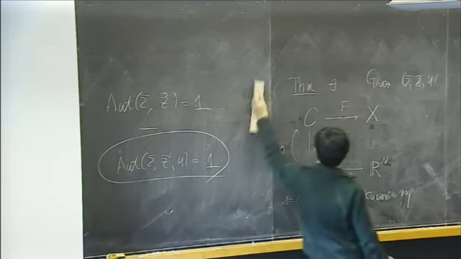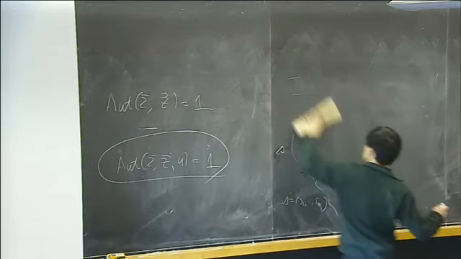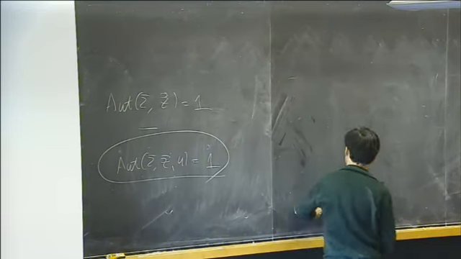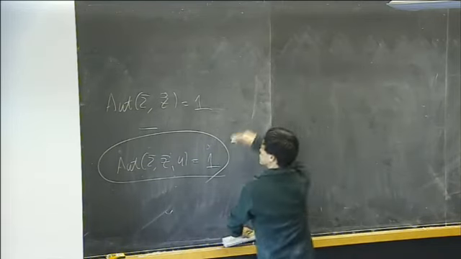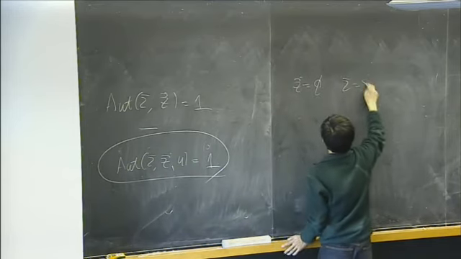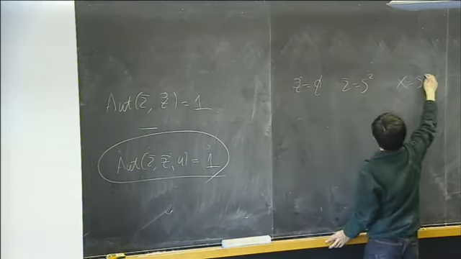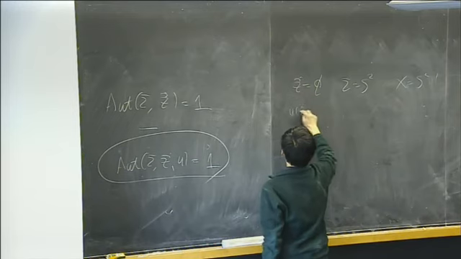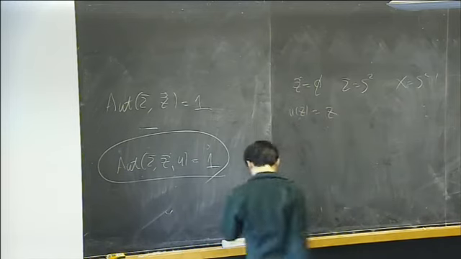So let me show you some examples. For example, if this is an empty set, sigma is S^2 and X is S^2, and u, z is, for example, z.